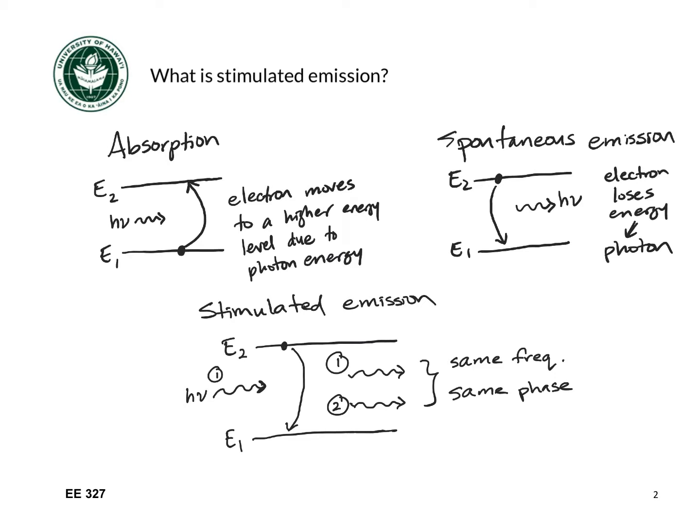Now, if the photons have the same frequency and the same phase, we call these two photons coherent. Because, if you have the same phase, then these two waveforms, or these two photons, are going to add constructively.